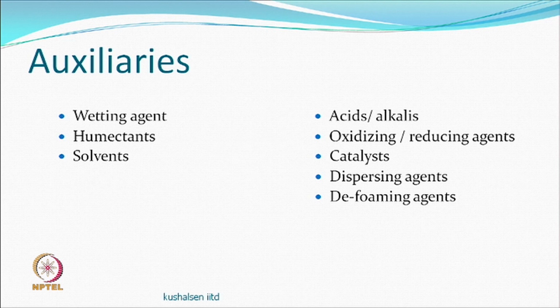If you are looking at oxidation colors, you may have some catalysts to be used, and dispersing agents would be required if we are using, let us say, a disperse dye, because a disperse dye is initially dispersed, and then part of it gets dissolved and diffused, and you get the molecular form of the dye which penetrates.